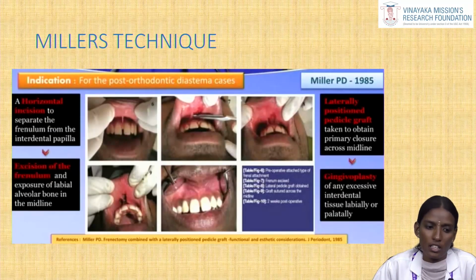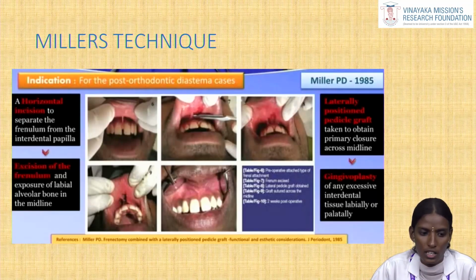Next, the Miller technique. The Miller technique is indicated in post-orthodontic diastema cases. This is made by a horizontal incision to separate the frenum from the interdental papilla. Initially the horizontal incision is followed by excision of the frenum and exposure of the labial alveolar bone in the midline.